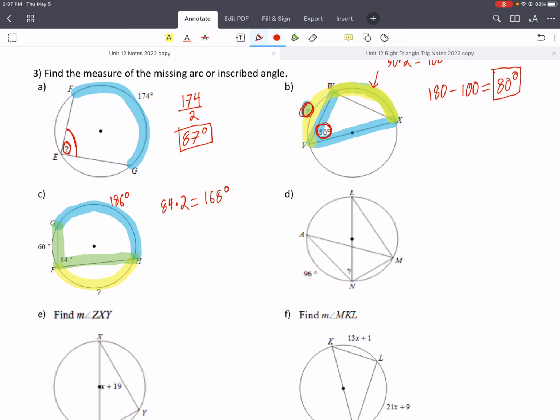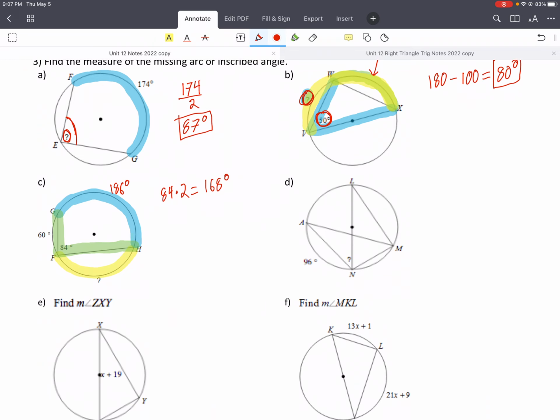So now this arc right here is 186 degrees. And now, to figure out what our missing arc is, what are the total degrees in a circle? 360 degrees. So we take 360 and subtract 186.